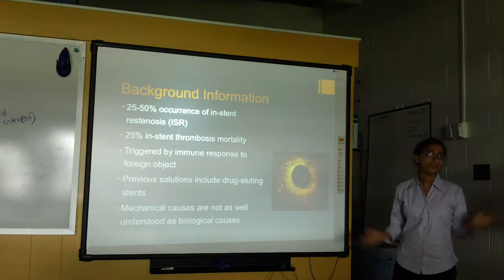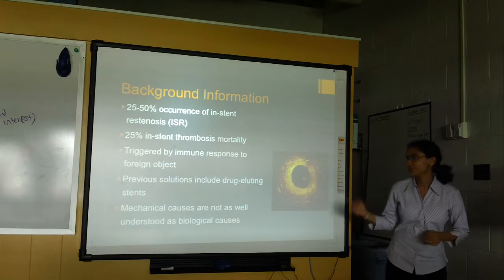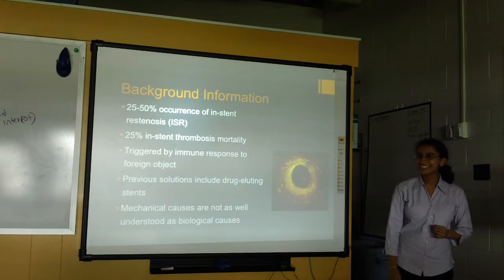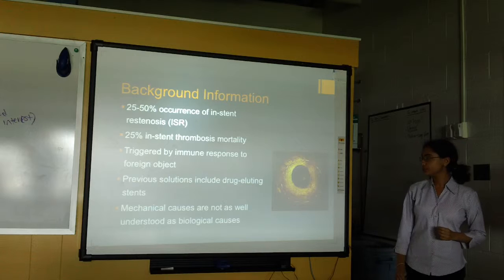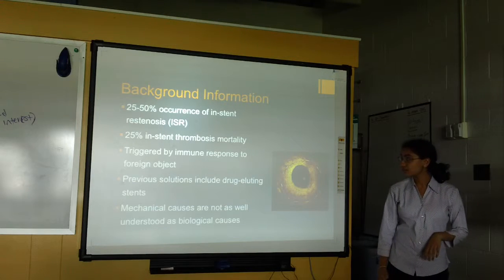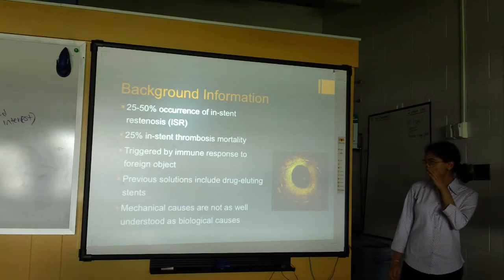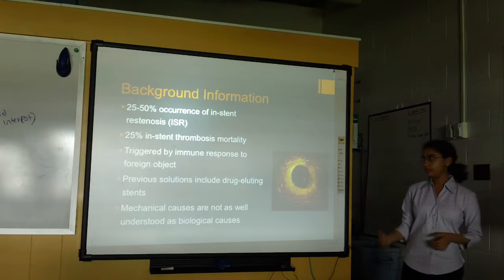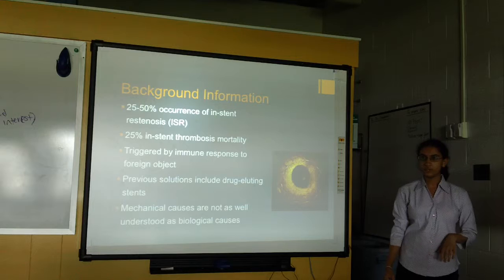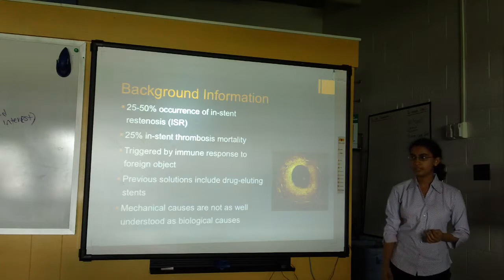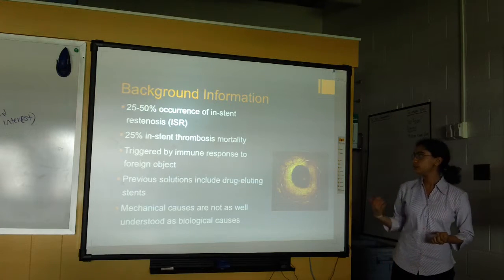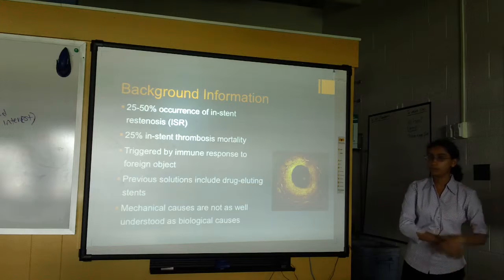If you were paying attention yesterday, everolimus is one of the drugs that they use. But what's not as well understood is the mechanical causes that trigger the biological responses. So that's the point of these experiments. We're trying to find out what mechanically about the stents is causing the restenosis and thrombosis.